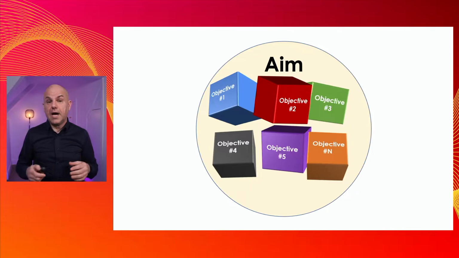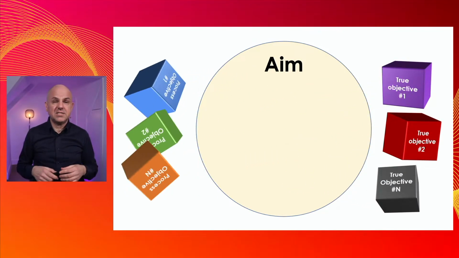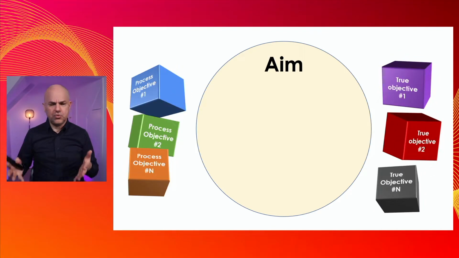And there are 2 types of objectives. The first ones are what I call process objectives, and the second ones are what I call true or real objectives. I'll refer to these using these 3 words, and real or true objectives.